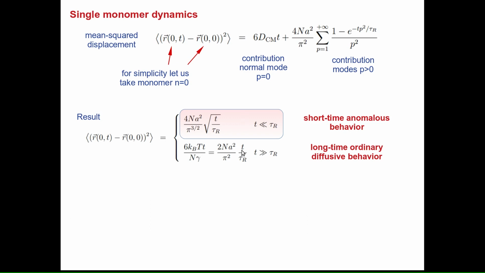For the mean square displacement of a quantity performing ordinary diffusion, we know it goes linearly in time. So what we find here, and this is why I emphasize it with this frame, is an anomalous behavior. The short-time behavior goes as the square root of time instead of linearly with time as expected. That's why we call it anomalous dynamics.